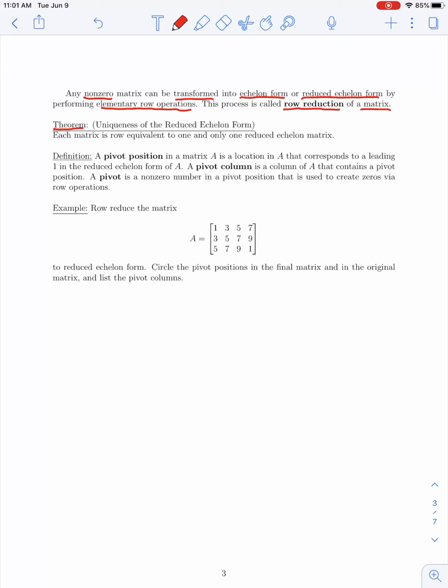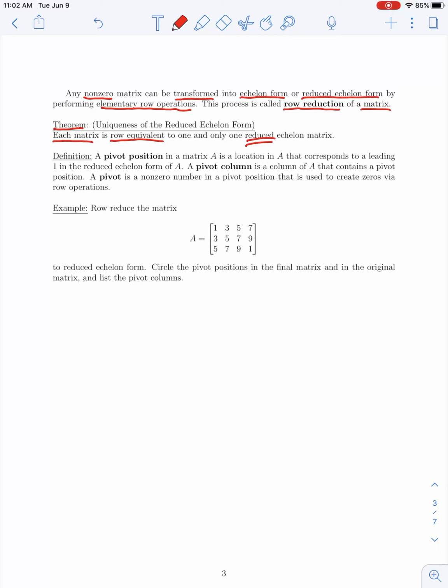So we have the following result of uniqueness of the reduced echelon form of a matrix. Formally, what this theorem says is that any non-zero matrix is row equivalent to one and only one reduced echelon matrix. Now there are several different echelon matrices which are row equivalent to a given matrix, but there is only one reduced echelon matrix which is equivalent to a given non-zero matrix.